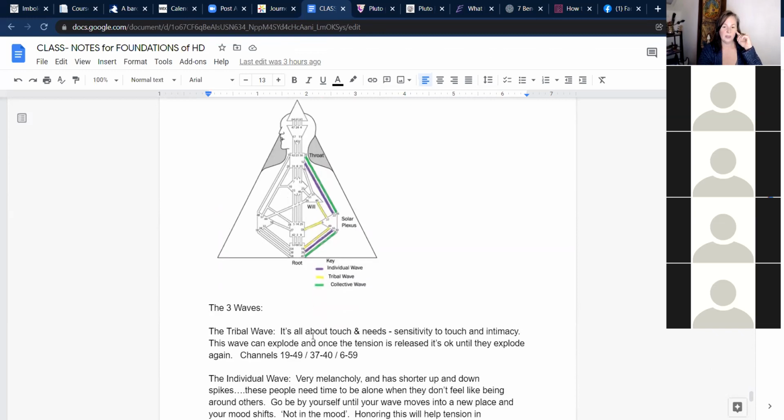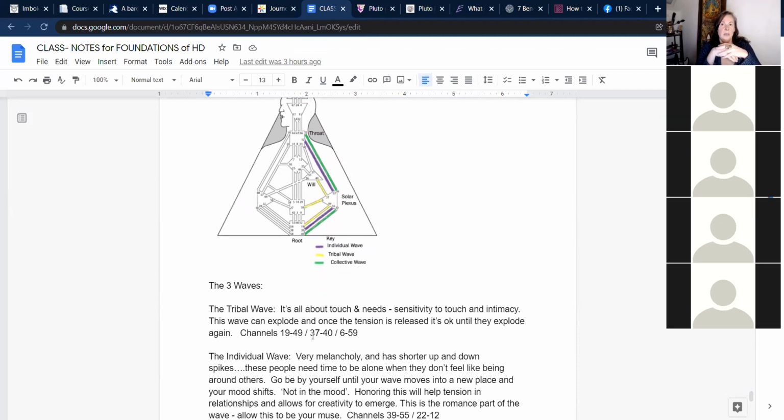And that is really about touch. It's about needs. It's very sensitive to touch. It's about intimacy. It's about breaking down barriers to feel intimate with someone. And that could be in a sexual way as well. This is the center of sexuality as well.